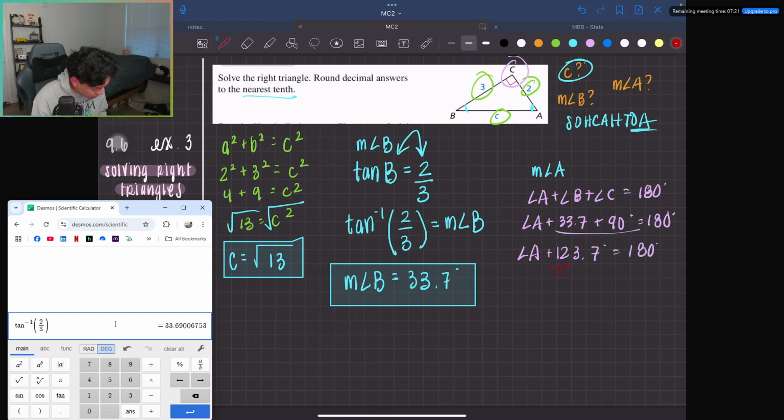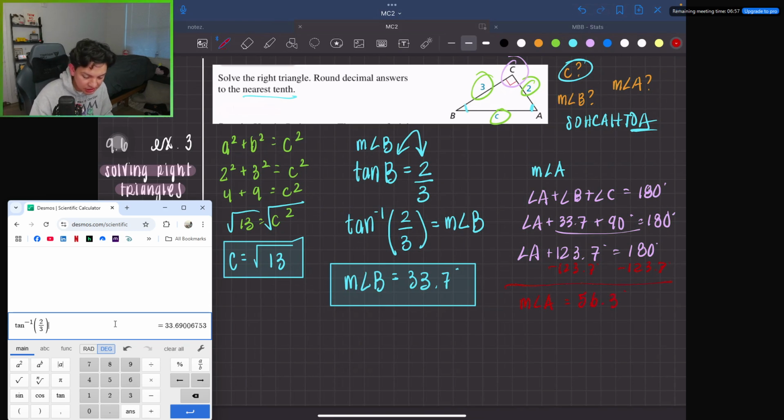And then to solve for angle A, we're going to use inverse operations, subtract 123.7 on both sides. So the measure of angle A is going to equal 180 minus 123.7. If you can't do that in your head, that's okay. I believe this is going to be 56.3 degrees.